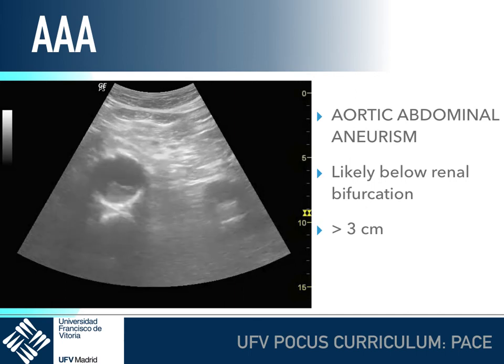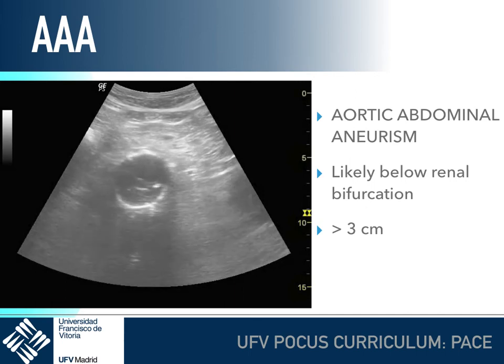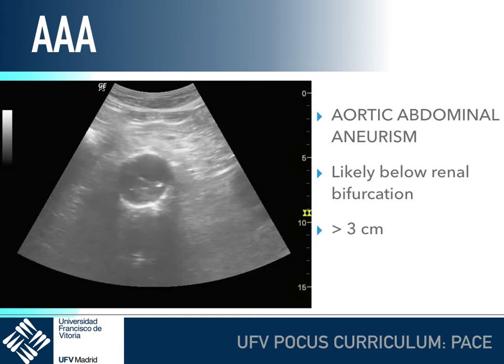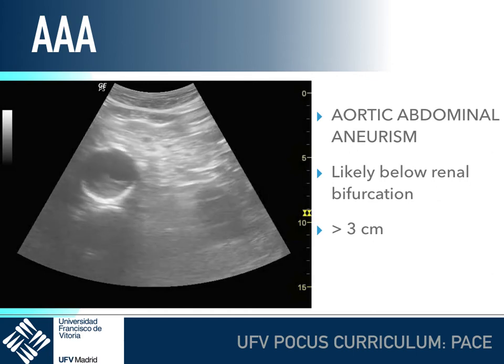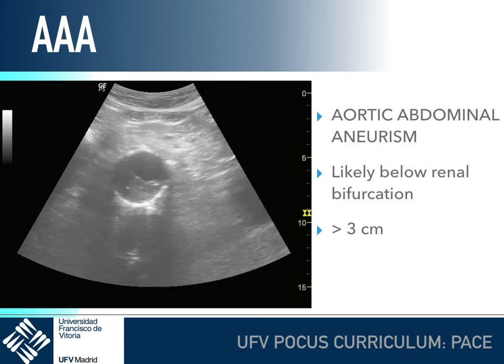We need to measure the aorta and, like in this case, not only the lumen, which is the most black part, most anechoic, but the thrombus, which is around, like a crescent shape, around the lumen.